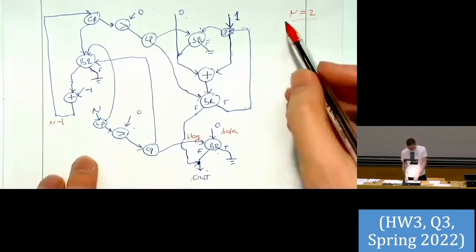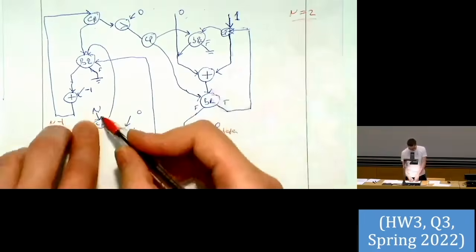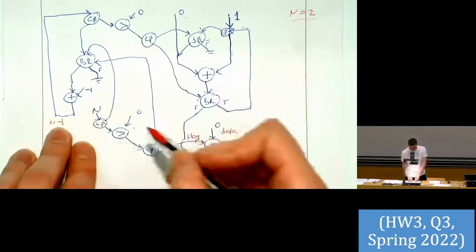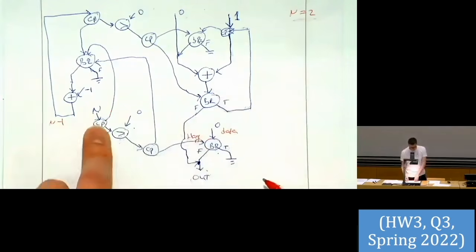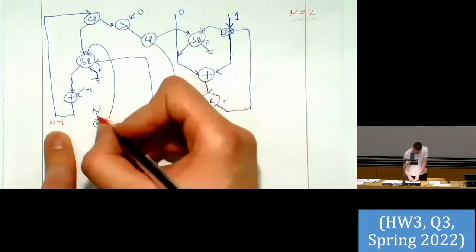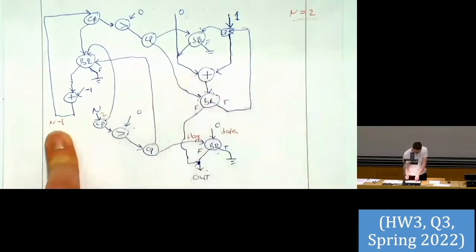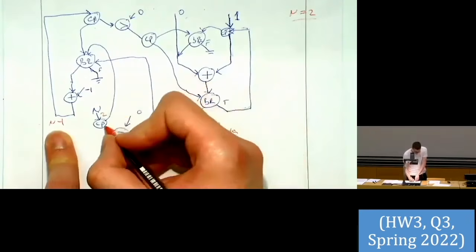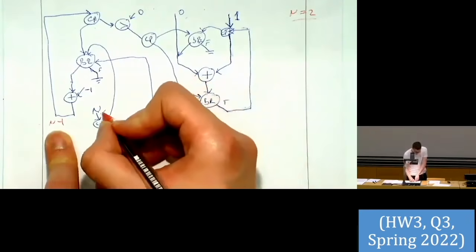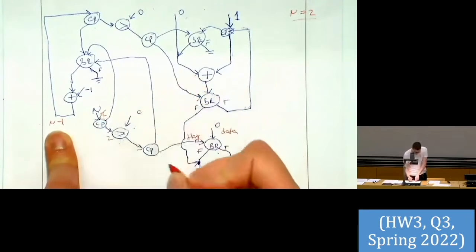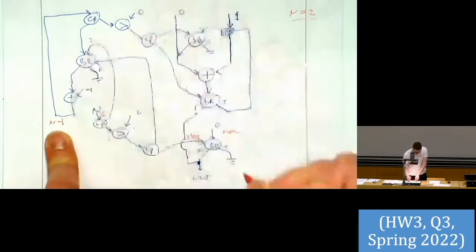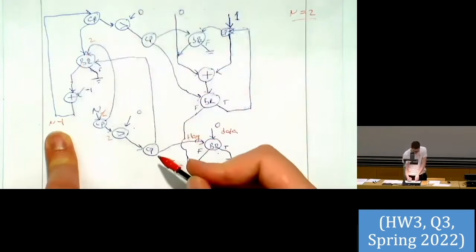Okay, so for n equals 2, we start from here, right? So this is the only place where we have a token ready to execute, right? So this is n, which is 2. We know this is 2. And then this is being consumed by this copy node, right? So I'll just show it like this. So this is also forwarded here. So we have 2 in those 2 places.